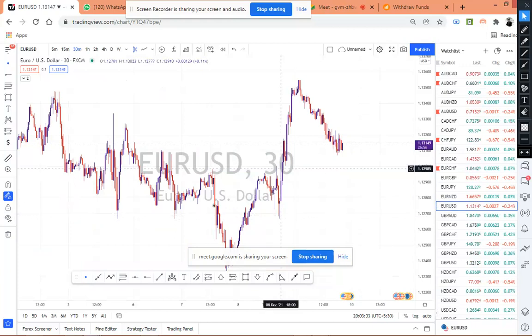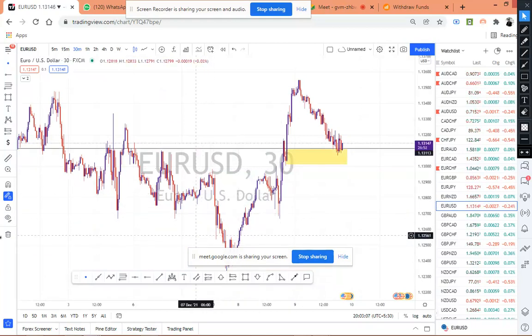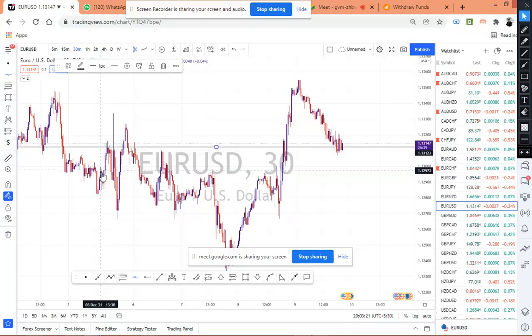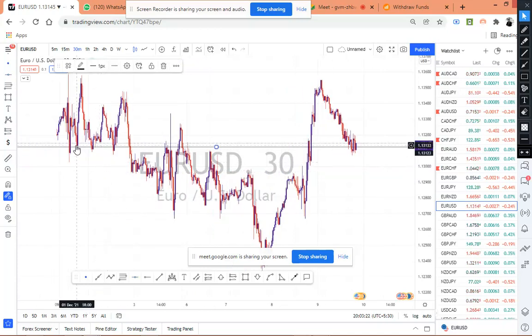Okay, I was thinking on Euro USD if there's any opportunity to trade on Euro USD. Okay, let me do the analysis again. I was looking for significant SNR, like significant support, resistance, and so on. This is a significant support, and this is significant resistance.